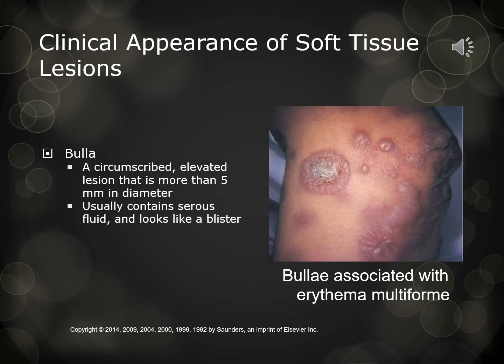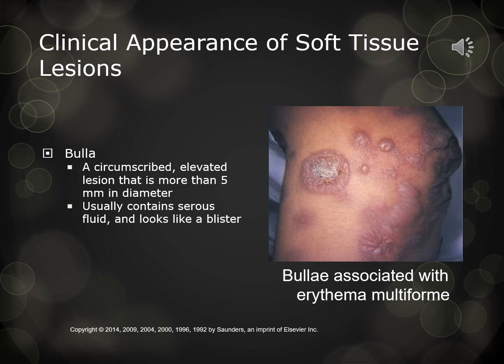Slide 4 shows the clinical appearance of soft tissue lesions and how they may vary. This is showing a bulla. A bulla is a circumscribed elevated lesion that is more than 5 millimeters in diameter. It usually contains a serous fluid and looks like a blister.